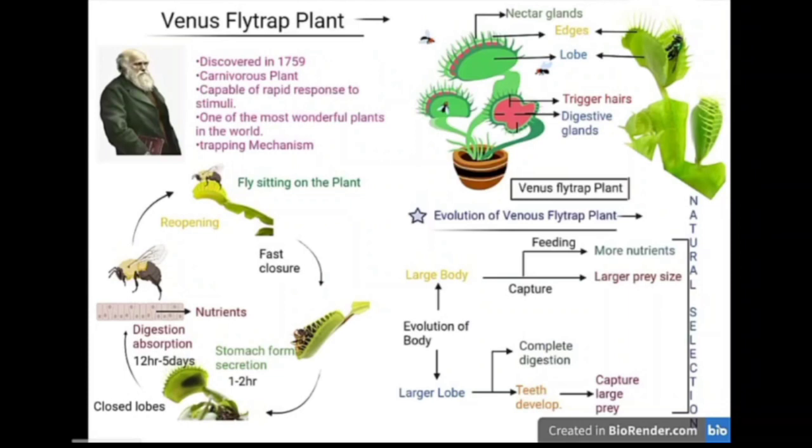So here, what is the stimuli? It folds its compound leaves inward to respond to touch. So here, touch is the main stimulus to which the response occurs in the Venus flytrap plant.